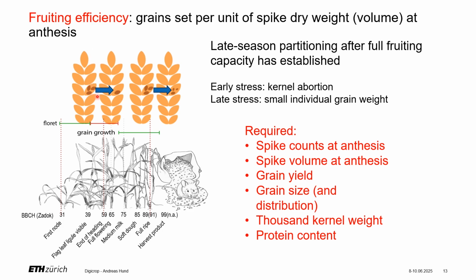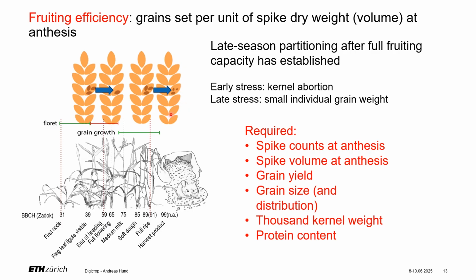It would theoretically set a high number of large grains, you can have still a lot of things going wrong. In the early phase, around flowering, you can have kernel abortion. In the later phase, after this spike number has been secured, you can still have a low grain size.